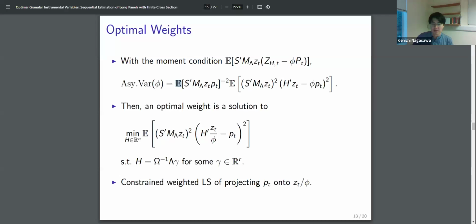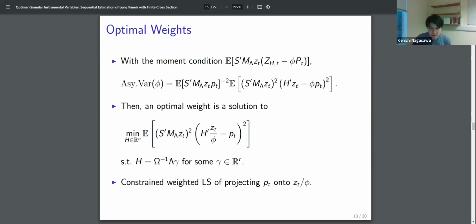And the asymptotic variance looks like this, where the Jacobian doesn't depend on H, but this middle part of the GMM asymptotic variance formula does depend on H. So the optimal choice of weight vector H can be characterized as a solution to this minimization problem, where you have the expectation of the square of this instrument and the square of this difference, and then there's a restriction on H such that H has to satisfy this form.